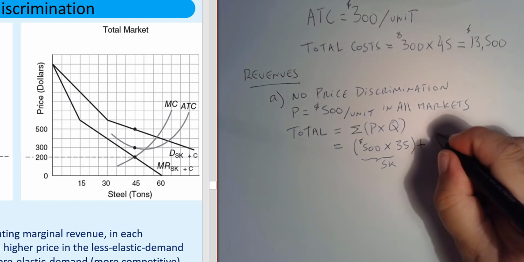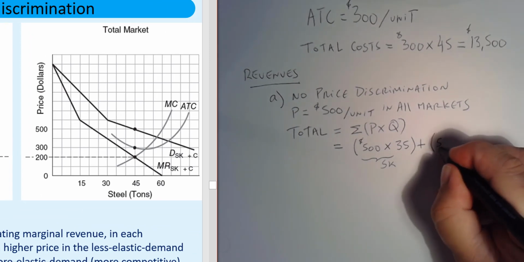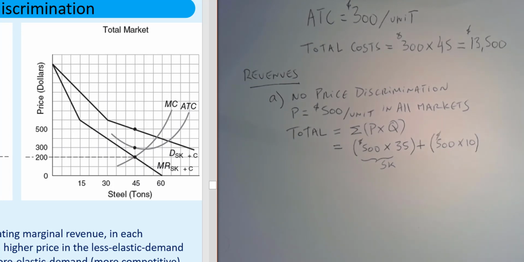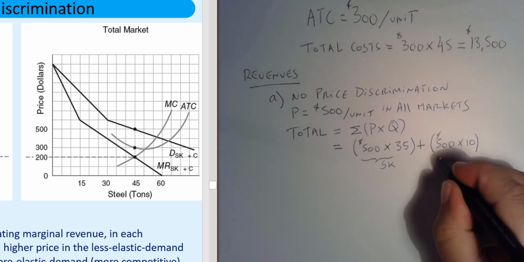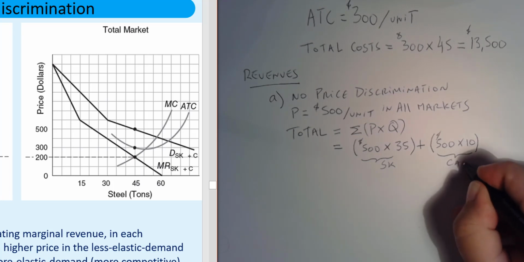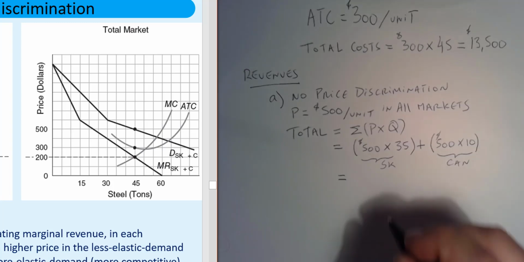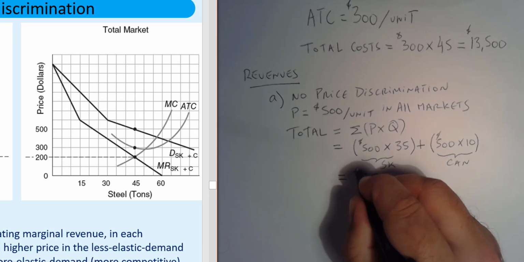So $5,000 is going to be our revenue, because it's equal to $500 times the 10 units we sell there. This is the revenue from Canada. Hence, the total revenue is going to be $22,500.